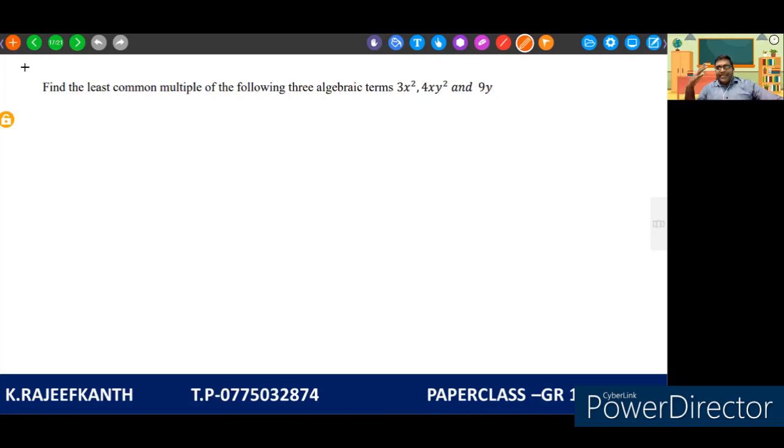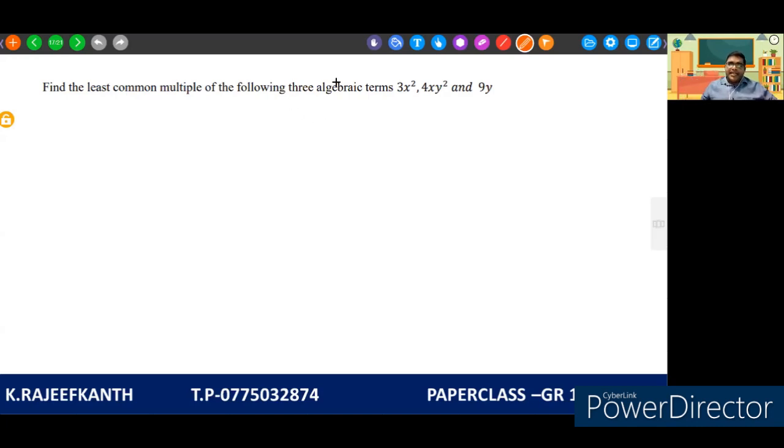Then you have to check every power here. In the first one x squared, in the second one x to the power 1, in the third term x to the power 0. So you have to take the LCM for the highest index power.